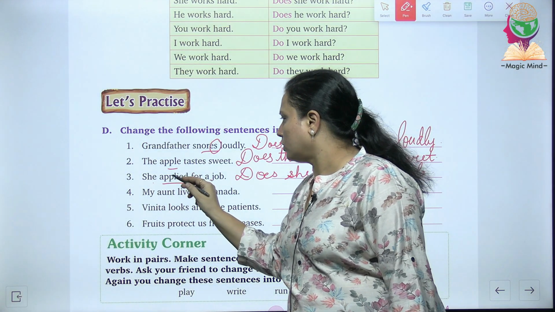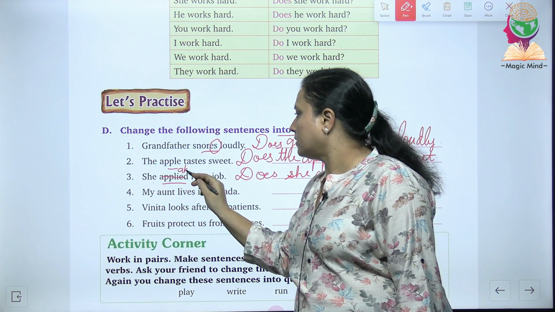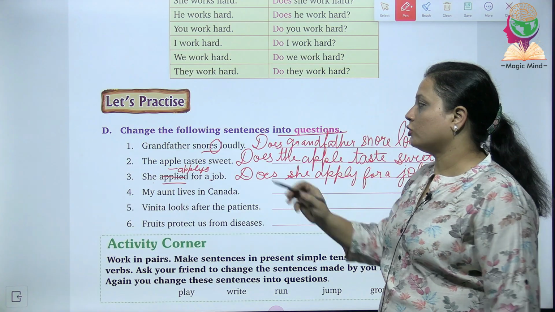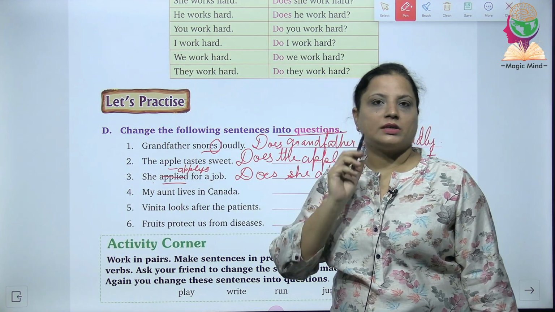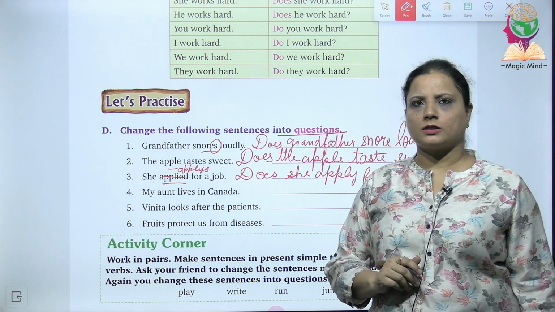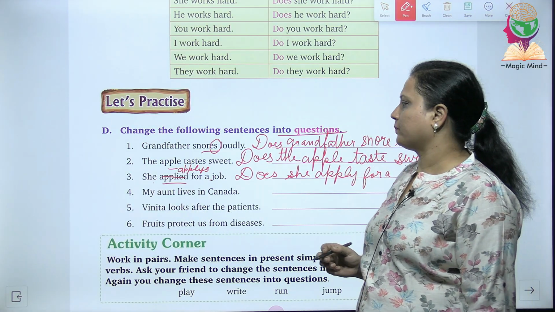This word is not applied, rather it is applies, because we are talking about the present tense, simple present tense. We will write here the word applies, not applied. Applied is the past tense or the past participle.